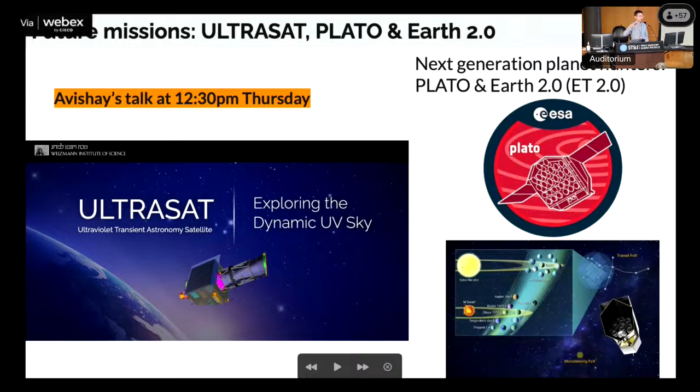So we have to choose whether we want a low cadence full-frame image instead, or do we want to look into the high cadence region, but with more restricted fields. So I believe those are some questions that our transient community can give a lot of suggestions on.